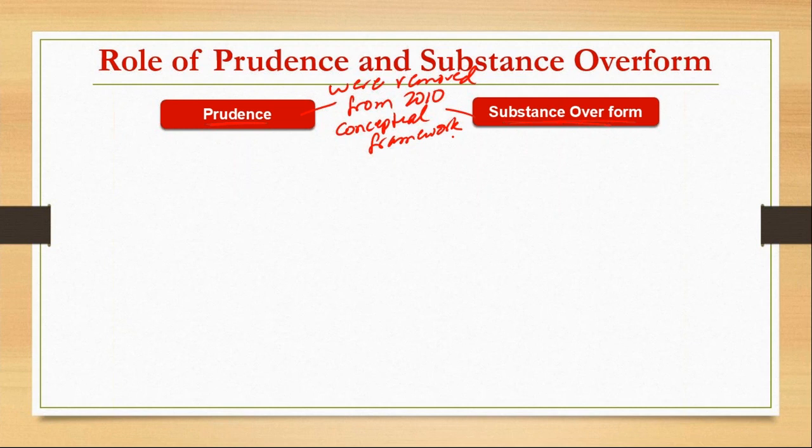We cannot quantify how much benefit we are getting. This is something subjective, non-financial benefits actually. So the prudence and the substance over form concepts were removed from the 2010 conceptual framework, but these are now reintroduced in the 2018 conceptual framework.